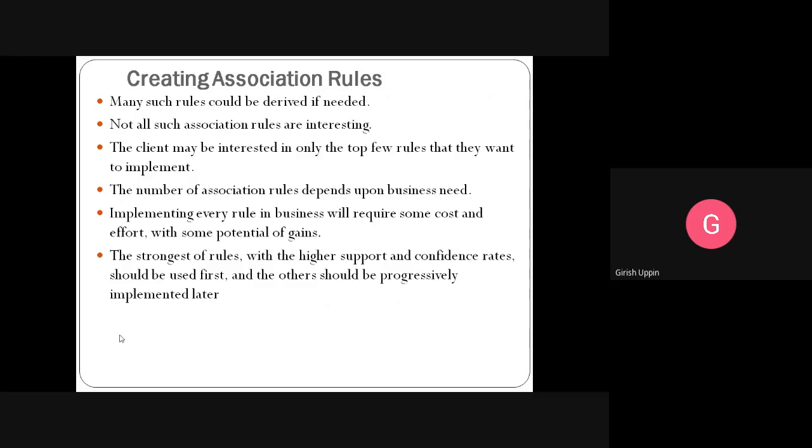Implementing every rule in the business will require cost and effort, because suppose because of this rule you want to redesign your store, that again incurs a cost. So it is better to implement only the top few rules, see what results we are getting, and slowly implement the other rules as well.